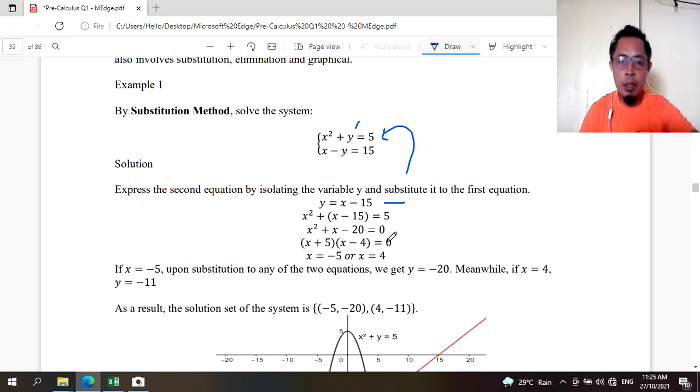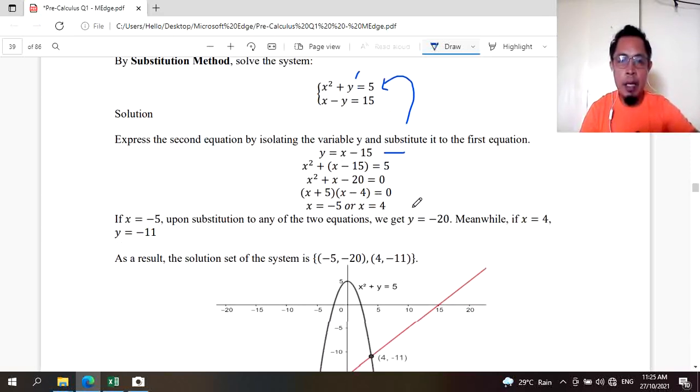Get their sum, then we have positive x. So the factors are correct. So we have now the roots as negative 5 and 4. That is done by equating x plus 5 to 0 and x minus 4 to 0. So we have now negative 5 and 4.